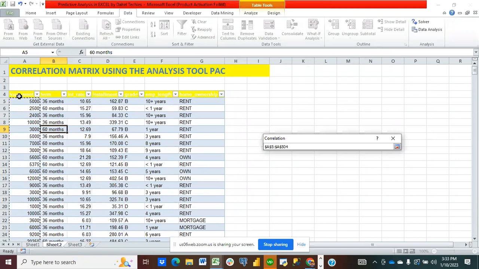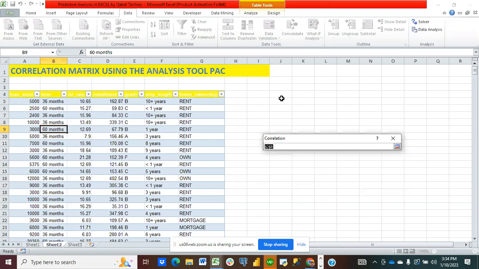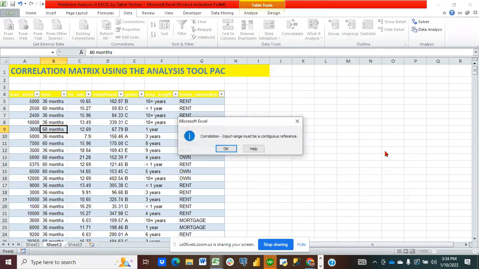So loan amounts and interest rates and installments. Go back. Output range. Where is it located? I want to put it here. Okay.